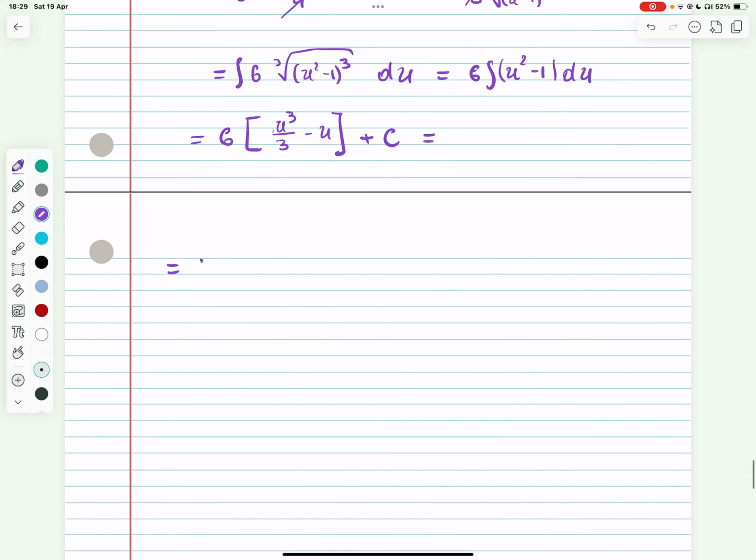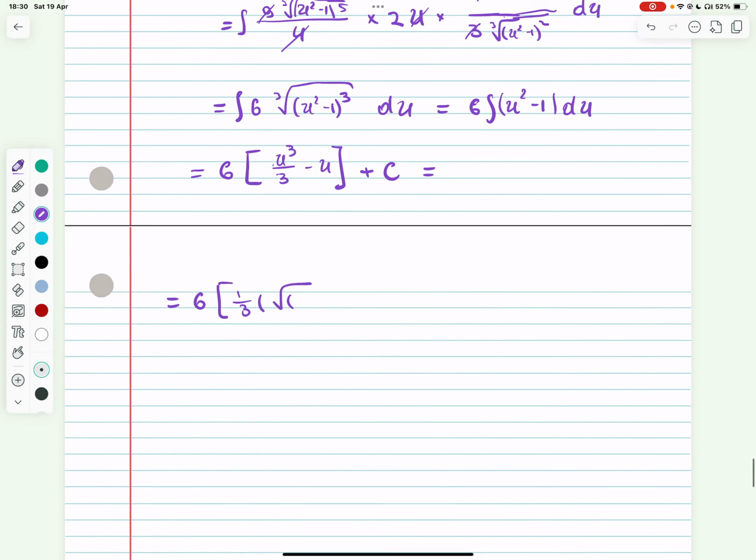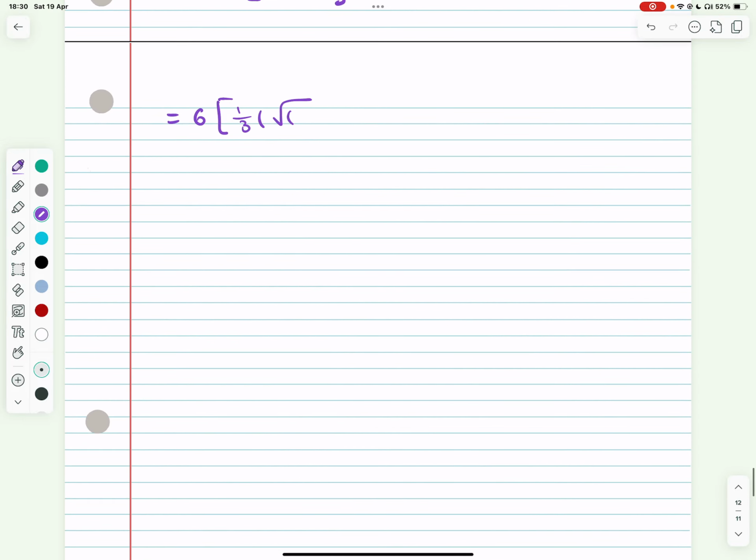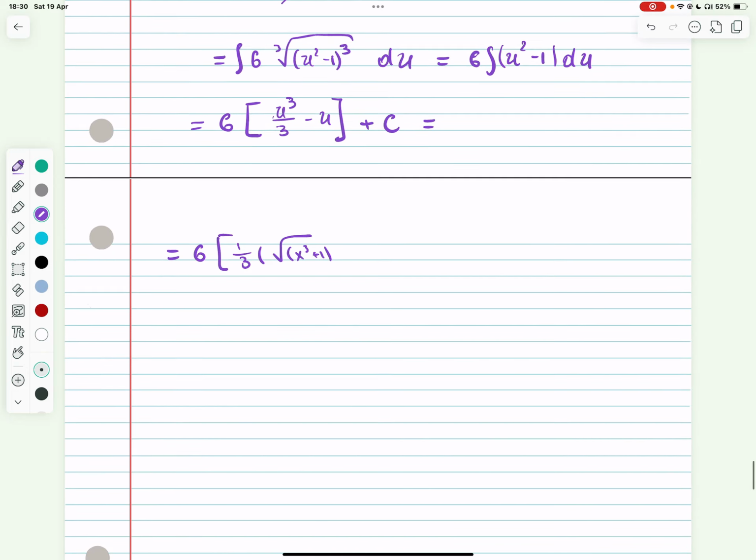This is 6 multiplied by 1/3, and that's going to be the square root of x cubed plus 1, but remember that is cubed, and minus the square root of x cubed plus 1.